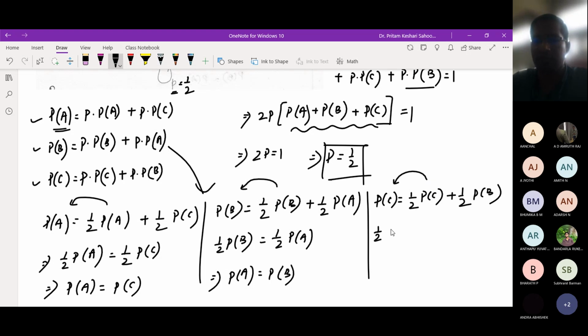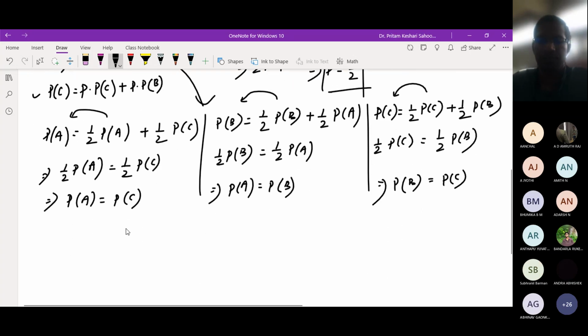So it will be half into probability of C is equal to half into probability of B. On cancelling half from both sides, we have probability of B is equal to probability of C. Now we got probability of A is equal to probability of C, probability of A is equal to probability of B, probability of B equal to probability of C. That means we can write probability of A is equal to probability of B is equal to probability of C. You don't even need to calculate this particular step; in this step, you also can come to this conclusion.